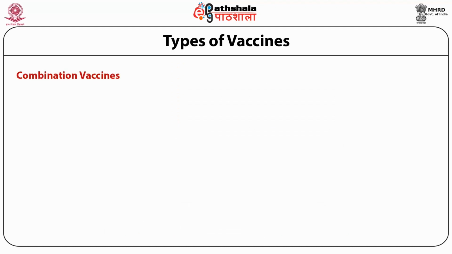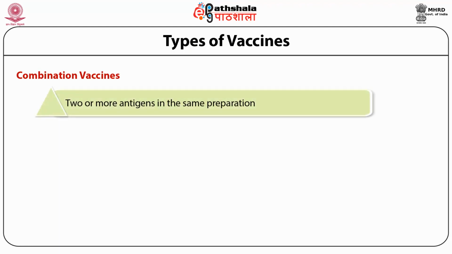Combination vaccines. Now, combination vaccines, as the name suggests, contain two or more antigens in the same preparation. The approach has been used for over 50 years in many vaccines such as MMR, that is measles, mumps and rubella, and DTWP, that is diphtheria, tetanus, pertussis.